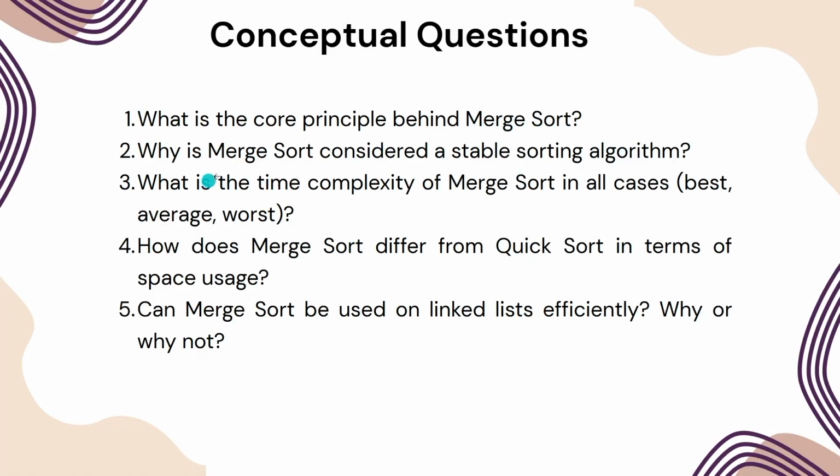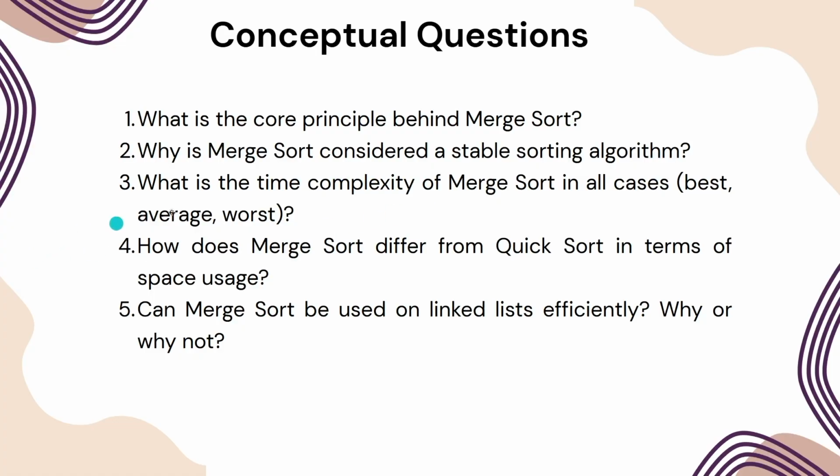The next question is, why is merge sort considered a stable sorting algorithm? I told you with an example that if a particular element is repeated in your array, by the time we do the merge step, the relative positioning of elements with the same values should be preserved.